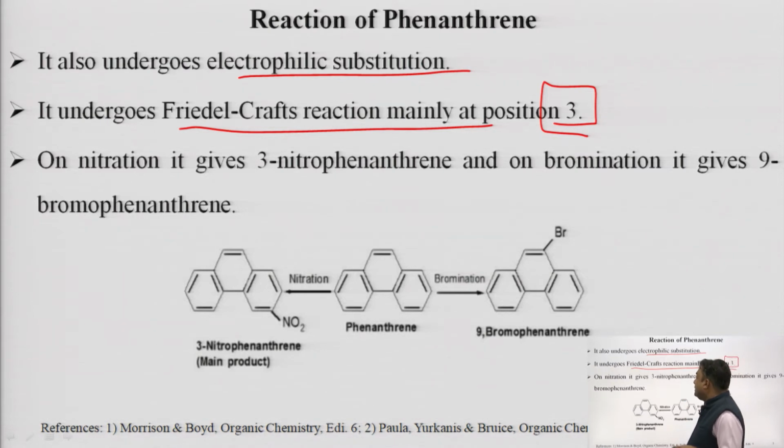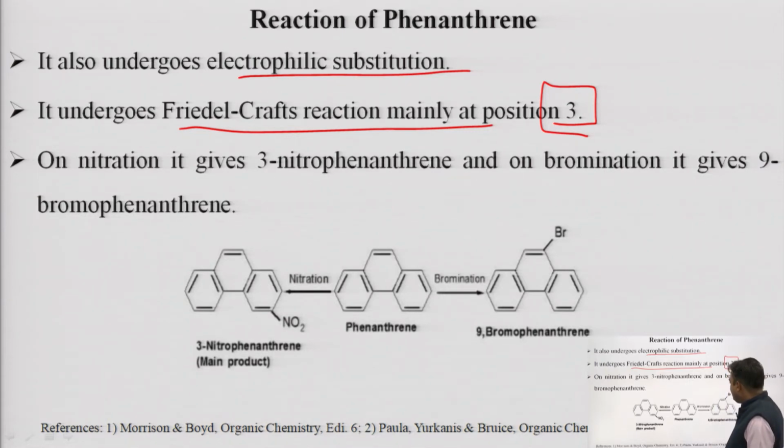On nitration it gives 3-nitrophenanthrene and on bromination it gives 9-bromophenanthrene. You can remember this by remembering that only halogenation will take place at the 9 position, while others like Friedel-Crafts reaction and nitration take place at the third position.